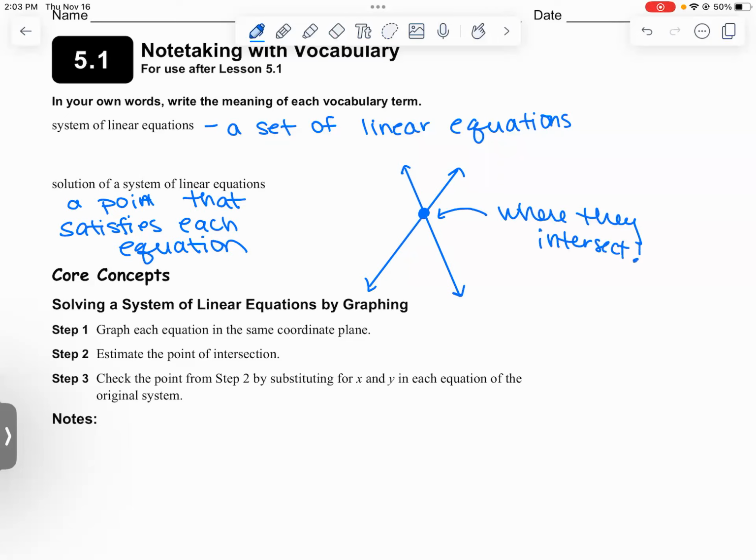So technically, our solution is a point that satisfies each equation. What does that mean? I can plug the x in to both of them and get the same y. That is occurring wherever we intersect.